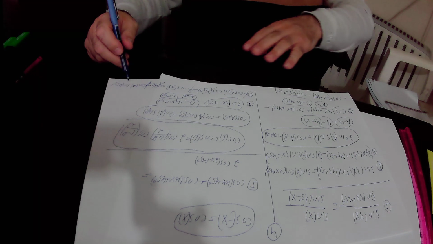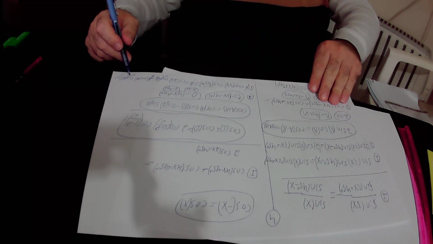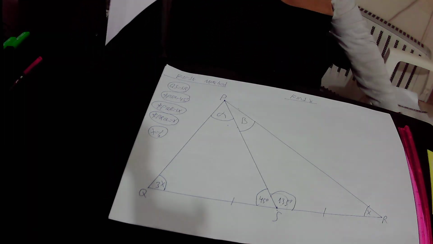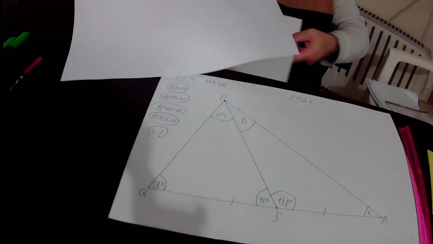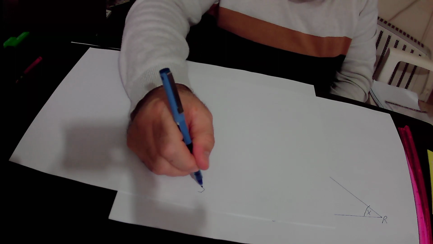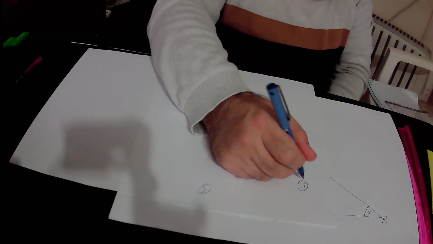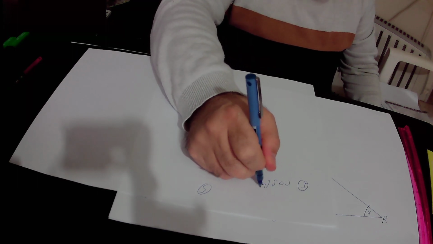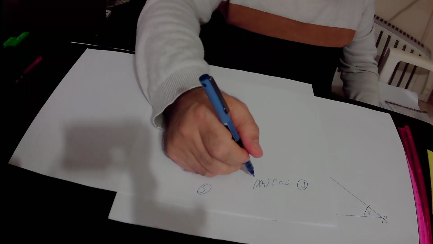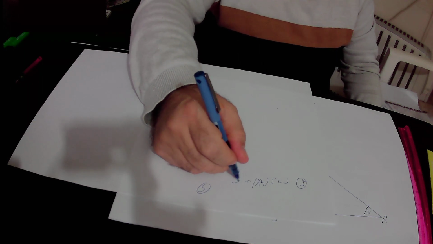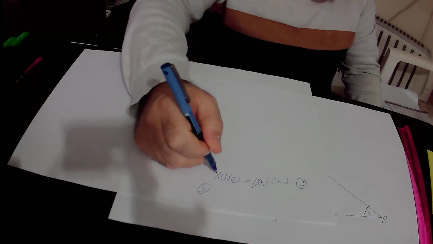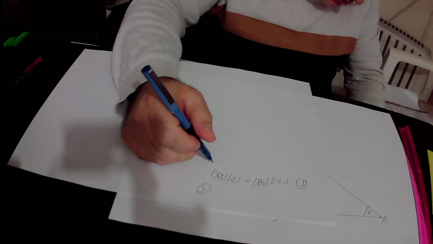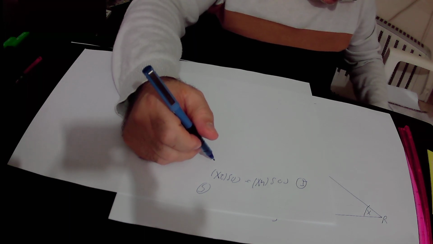So here 2 sine 45 degrees will get cancelled, and what is left from equation number 1 is cosine 4x equals cosine 2x minus cosine 4x.